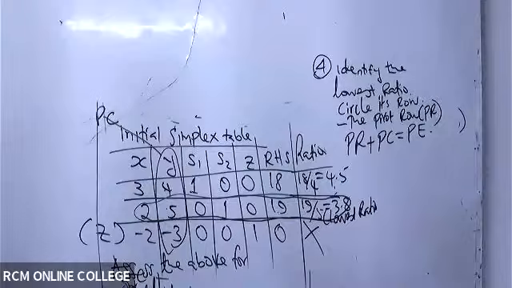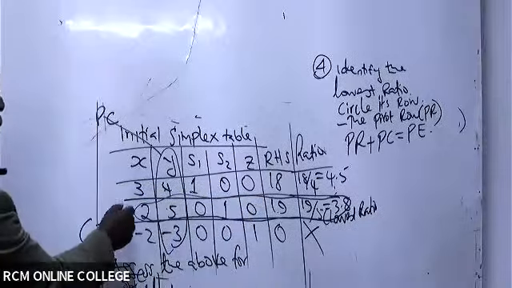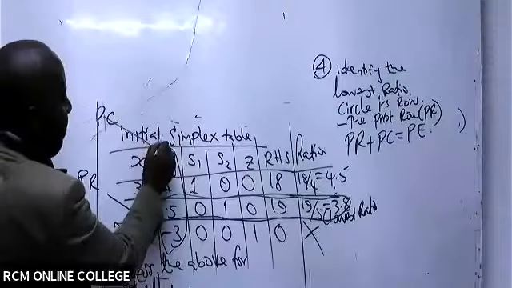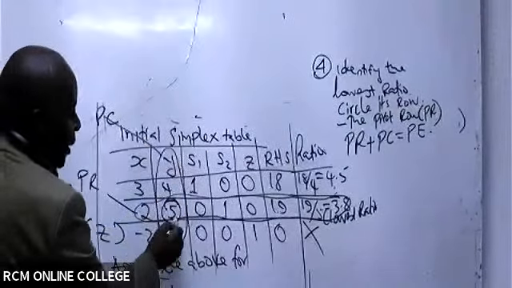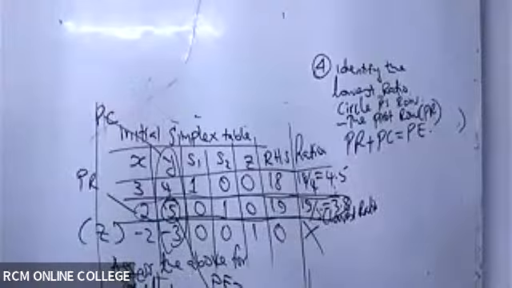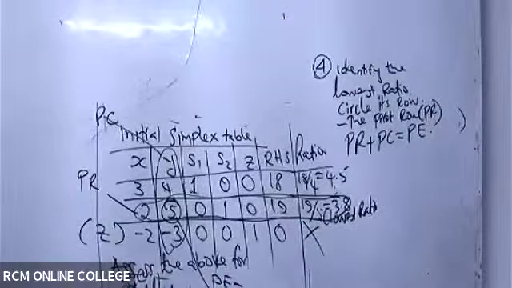Please write in full. Where the pivot row meets the pivot column, the number at the intersection here is a very special number. We call it the pivot element.